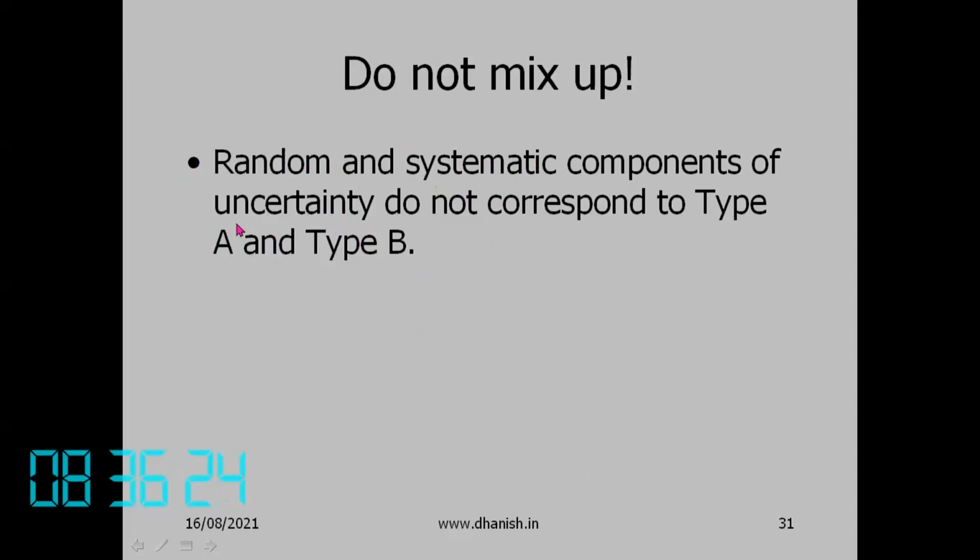Most of the time, random uncertainty will correspond to type A and systematic uncertainty will correspond to type B, but it need not be. That is what the standard says.